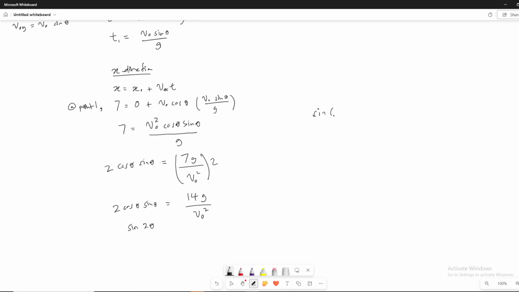Because sin 2 theta is sin of theta plus theta, and using trigonometric identities, this is sin theta cos theta plus cos theta sin theta, so this is 2 sin theta cos theta.